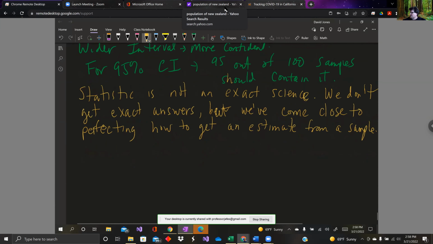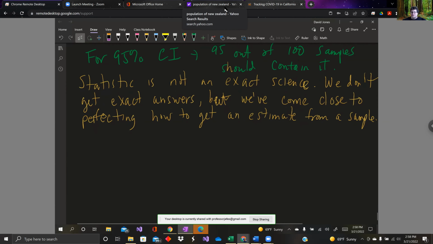Okay. And so I told you this percentage is tied to the bell curve. Other things we've used that were bell curve related, think about the empirical rule. Plus or minus 1 deviation captured 68%. Plus or minus 2 deviations captures 95%.